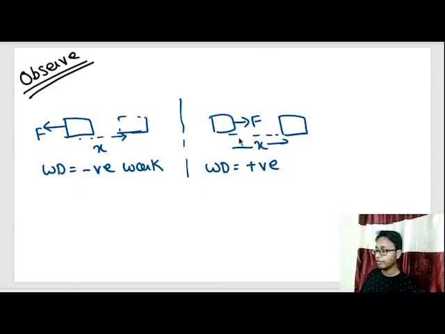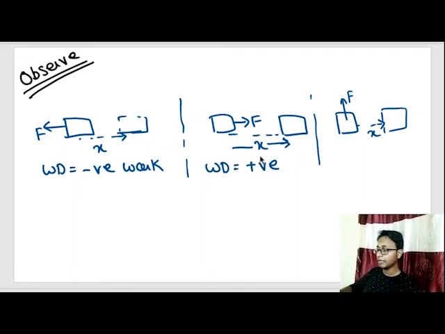Whenever the angle between force and displacement is less than 90, it becomes positive work. And whenever the angle between force and displacement is 90, it becomes 0 work. Always observe this, okay? Don't forget this.